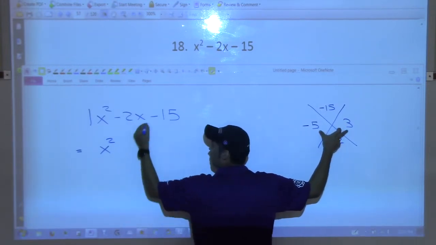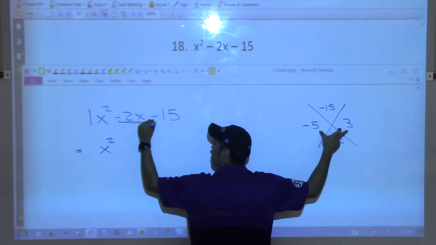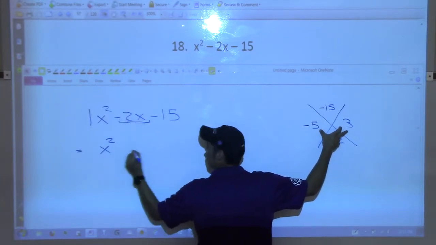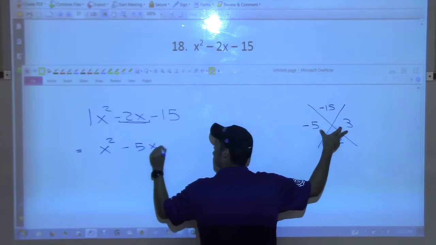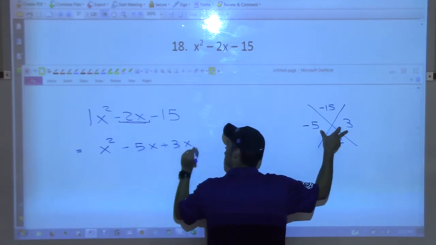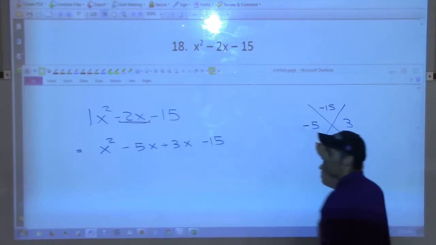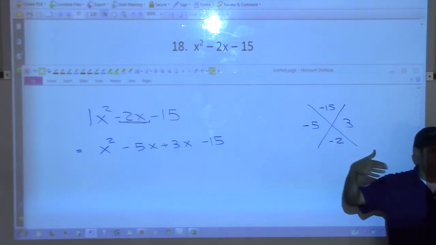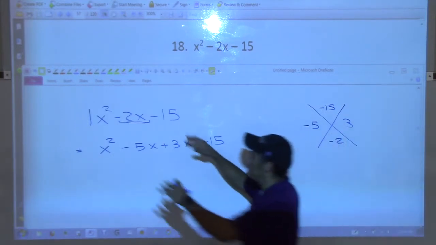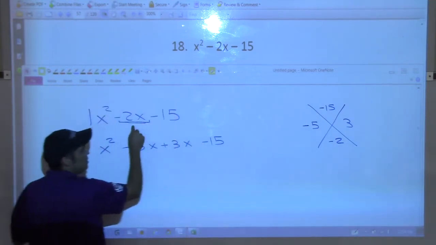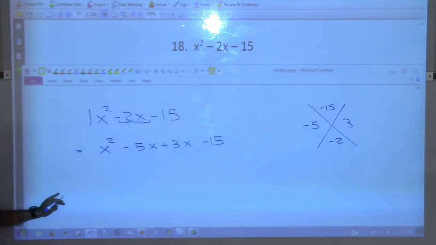And we're going to rewrite this middle piece using those 2 numbers. So minus 5x plus 3x, and then minus 15. So just remember, when you go to rewrite it in the AC method, you leave the 2 end pieces alone. And it's all about rewriting that middle piece using those numbers.